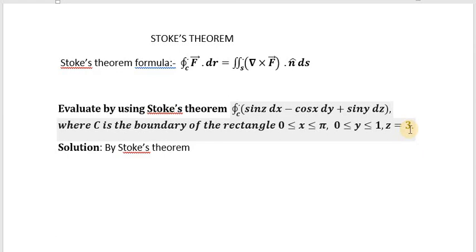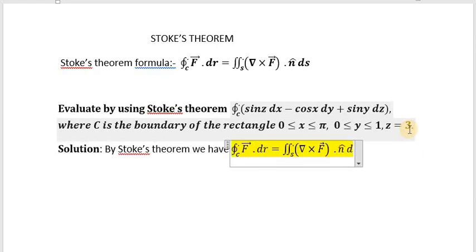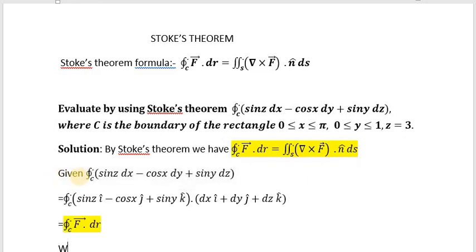By Stokes' theorem, we have the line integral over a closed curve C of f dot dr is equal to the double integral over the surface S of curl f dot n ds. It is given the line integral of sin z dx minus cos x dy plus sin y dz. This function can be written as (sin z i minus cos x j plus sin y k) dot (dx i plus dy j plus dz k).